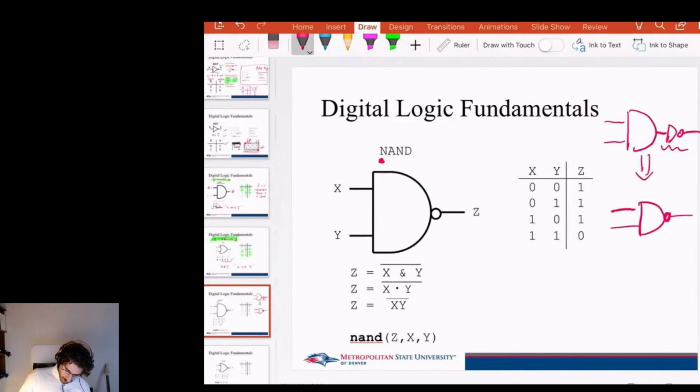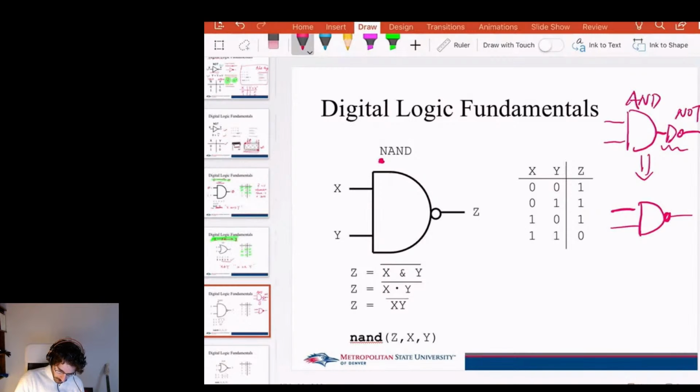So this logic gate is a combination of the AND and the NOT. We first do the AND of those two inputs, and then we complement the result.